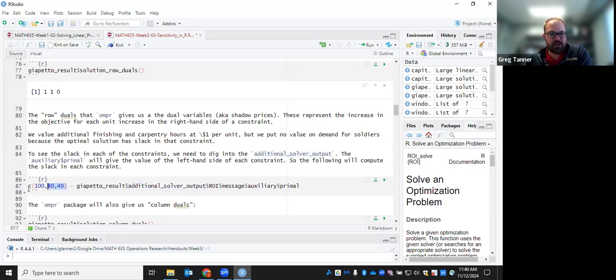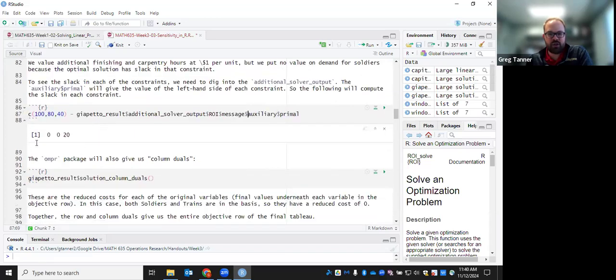So in this case, here's our right-hand sides of 180 and 40. And we can get this auxiliary primal, which essentially contains the constraint left-hand sides. And so if we do right-hand side minus left-hand side, that will essentially show us the slack in each constraint. There are maybe ways of computing this if it's not directly given to you.